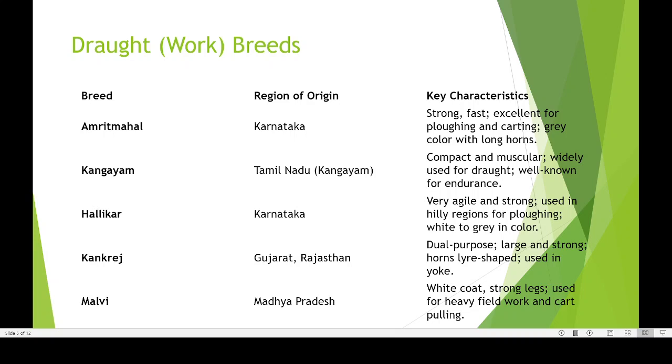Here you can see that it is strong, fast, excellent for ploughing and carting. Grey color with long horns. Here you can see the horns are very long. So these are some peculiarities of each. Every cow will have its own peculiarity. So if you study them properly, we will be able to identify them easily.